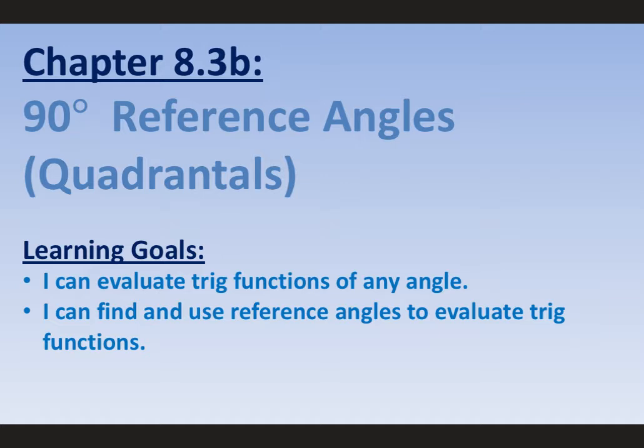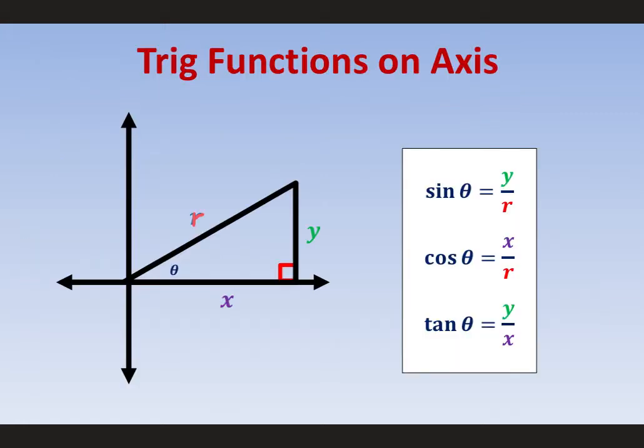Right, so we're continuing on. These are the same learning goals as before, being able to evaluate trig functions and find and use reference angles to evaluate trig functions. All right, so what we know from before is that given an angle on an axis, instead of calling this the opposite, adjacent, and hypotenuse side, we can also refer to it as the y value, the x value, and the r value.